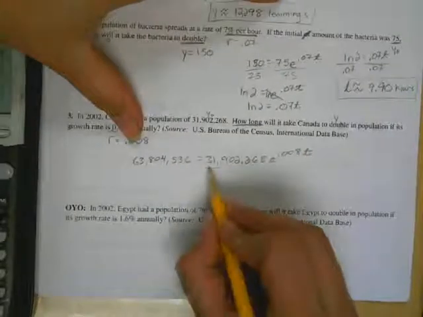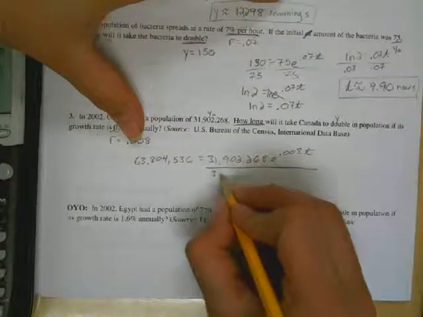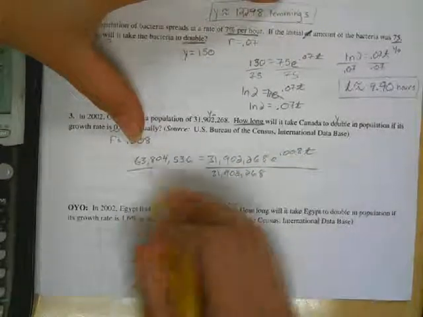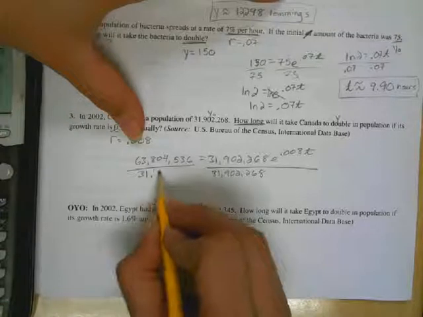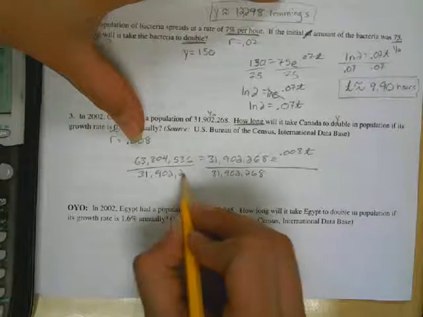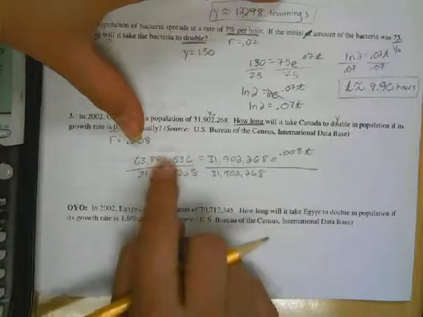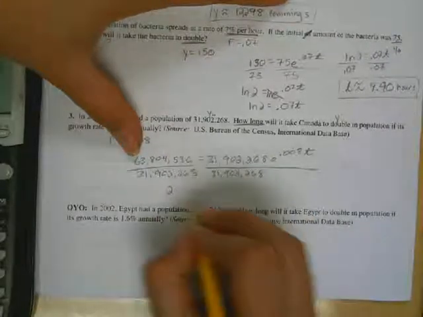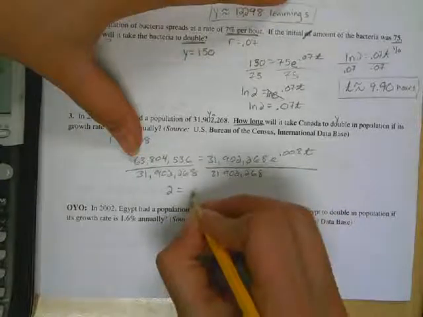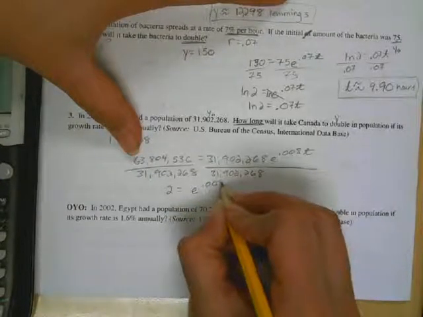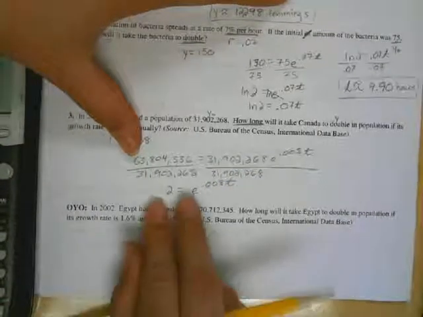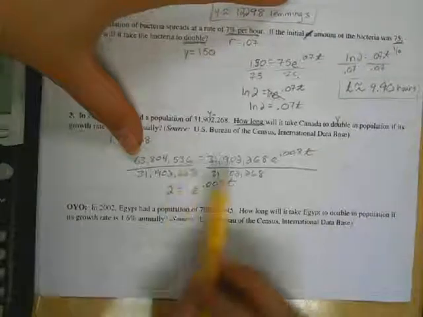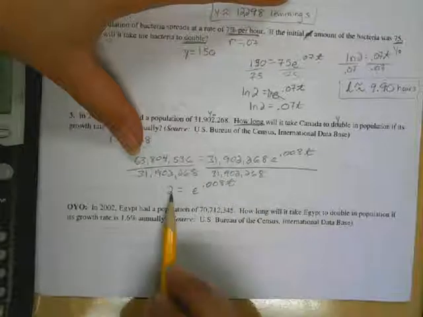Once I divide this over, since it is doubling, it's going to end up equaling 2. 63 million divided by that equals 2, because it's doubling. So if you wanted to skip ahead to this step, I am perfectly okay with it. You don't have to write all of this out if you show that you understand that it doubles to 2.